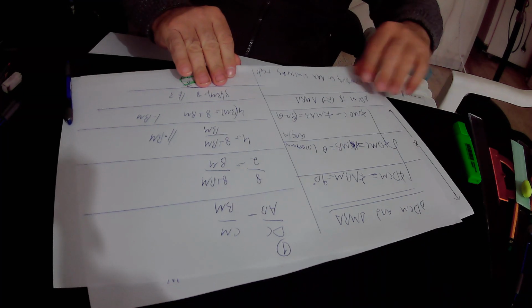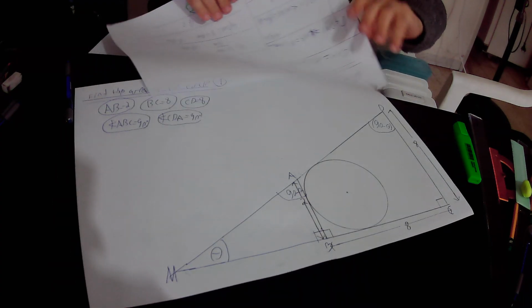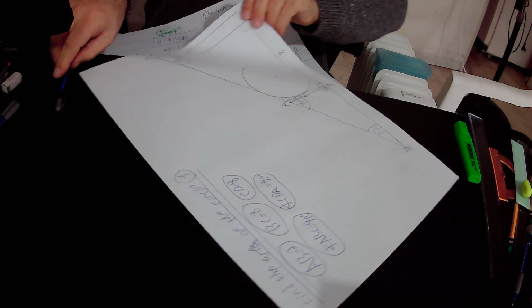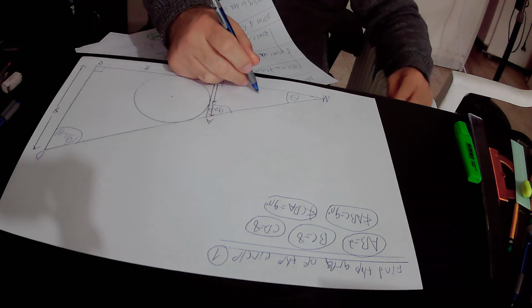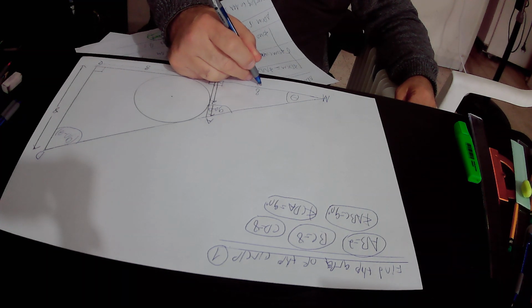Here, this side BM equals 8 over 3 units in its length.